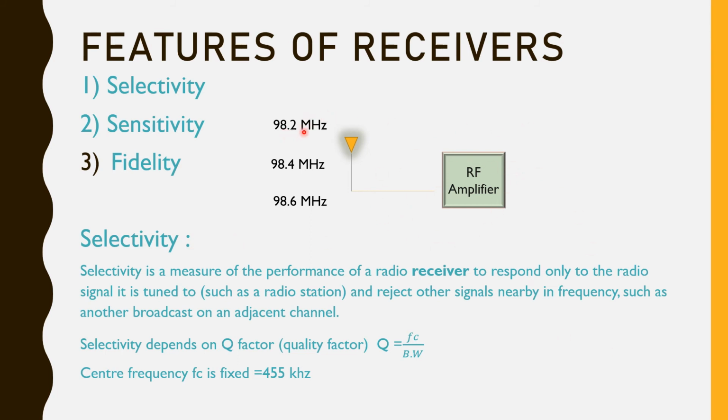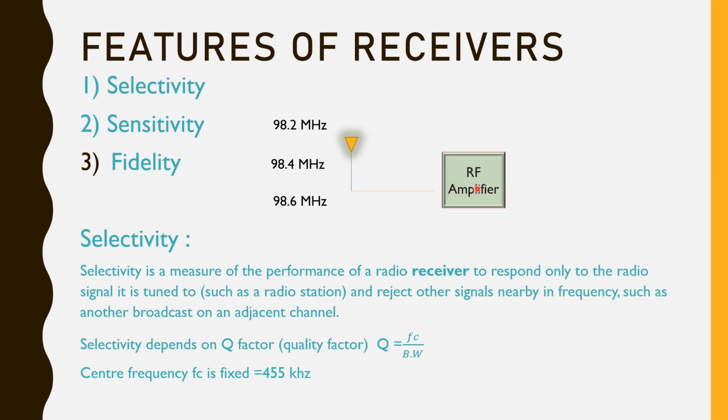Suppose there are three signals which are coming to our receiver. One is at 98.2 megahertz, second is 98.4 megahertz, and third one is 98.6 megahertz. But we have designed this receiver for 98.4 megahertz.